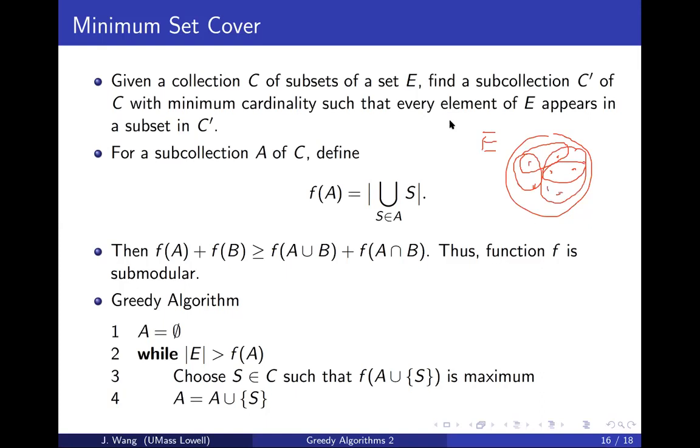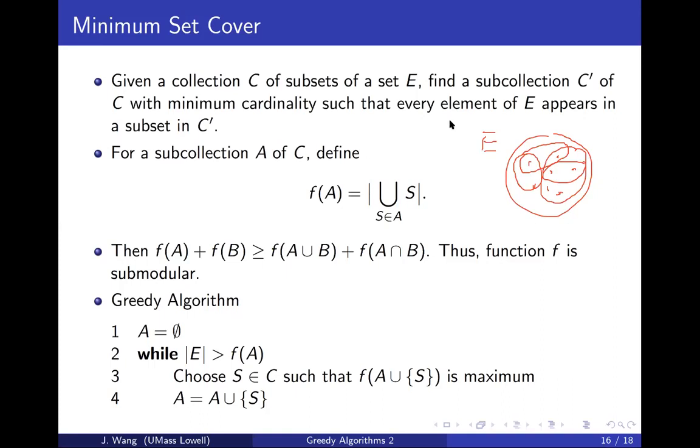So each element in E appears in one of these, but I want the smallest subcollection C prime, such that it has the smallest number of subsets in it.